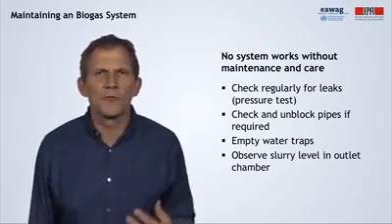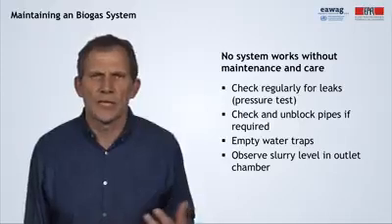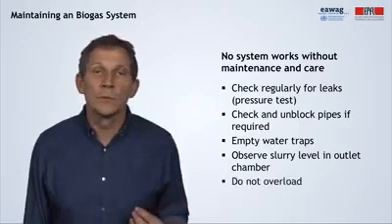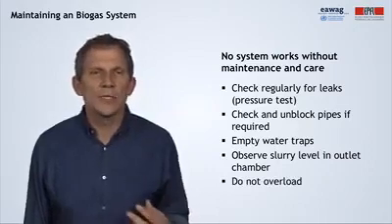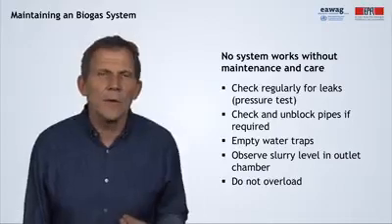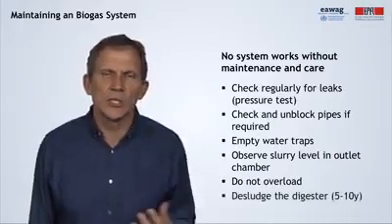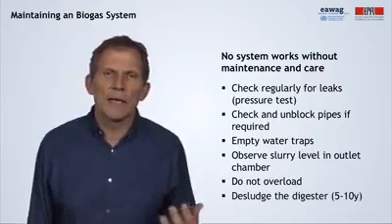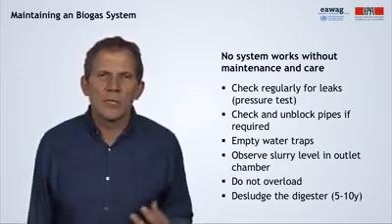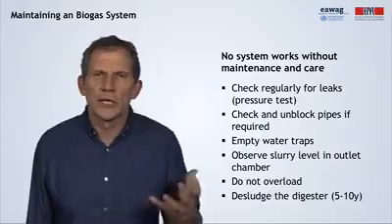It gives us a lot of information on the processes. Remember to not overload the digester, otherwise we will have acidification. And now and then we need to desludge the digester. Typically recommended is every 5 to 10 years, and this will be mostly sand and grit which accumulates at the bottom of the digester.